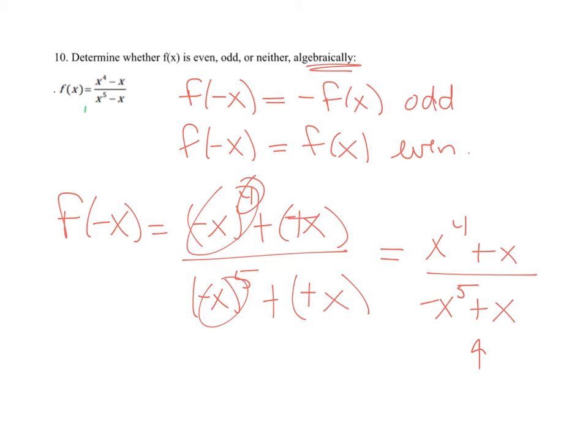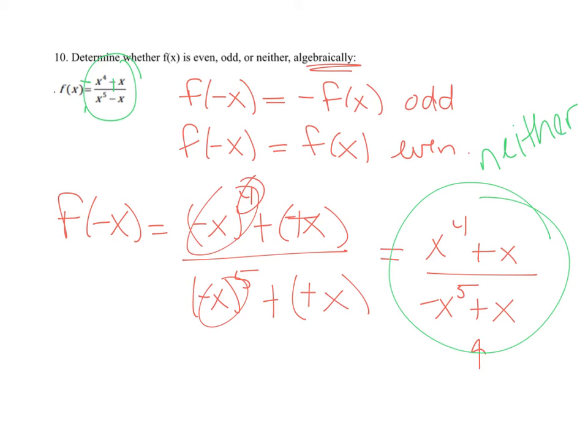Only the top or the bottom has to be changed for odd. So let's think even. Well, they're not matching, so that's not the case here. And even if I changed all of the signs to be negative and positive, that doesn't match here either because this isn't negative. So this is considered a neither function.